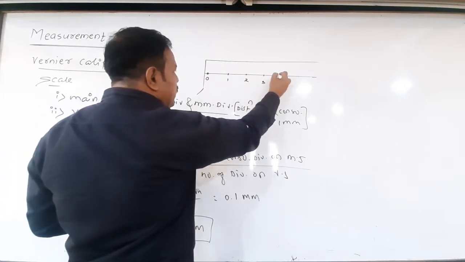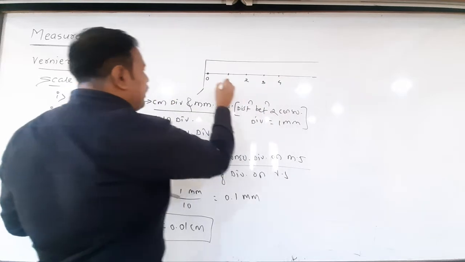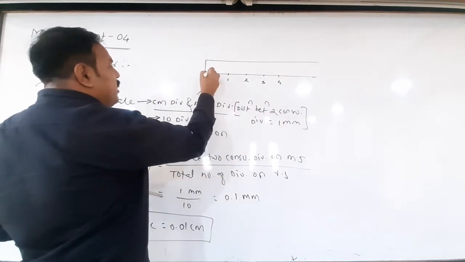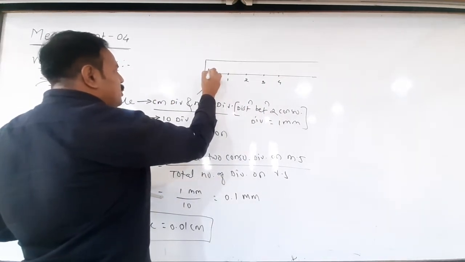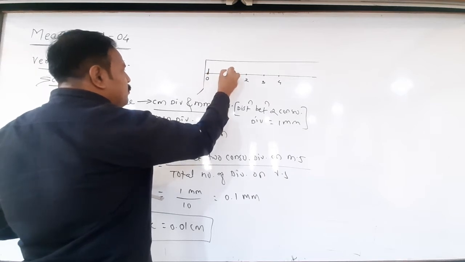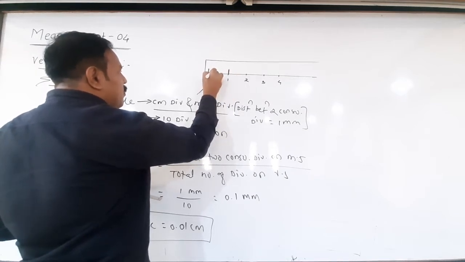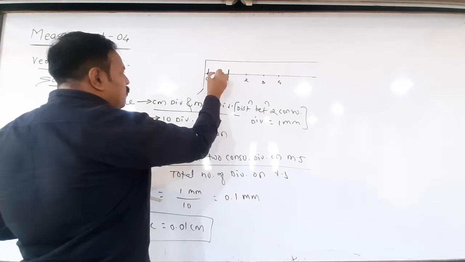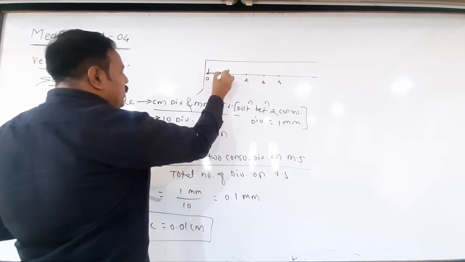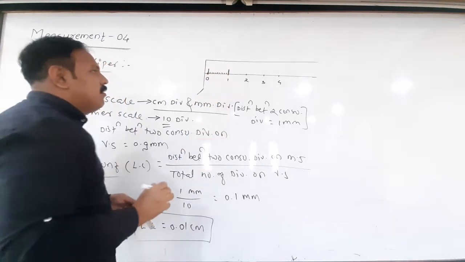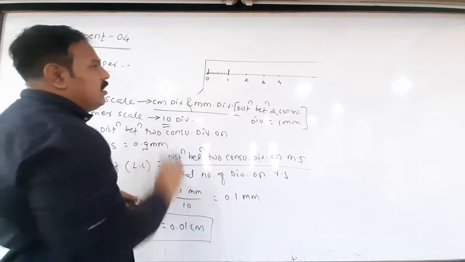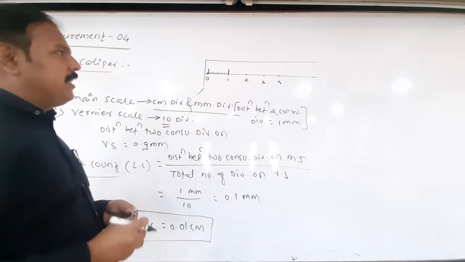This is 3 centimeter. This is 4 centimeter, like that. And there are 10 divisions. This is the 0th line. This is the first line. 1, 2, 3, 4, 5, 6, 7, 8, 9 and 10. See here. 0, 1. This is the scale on the main scale.